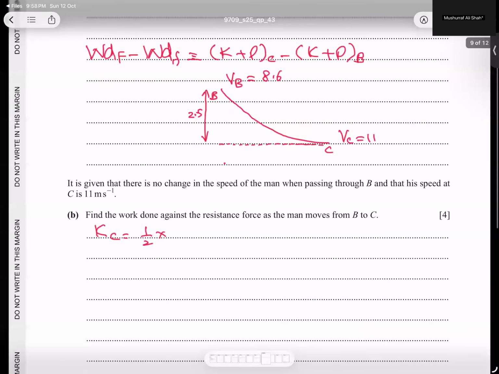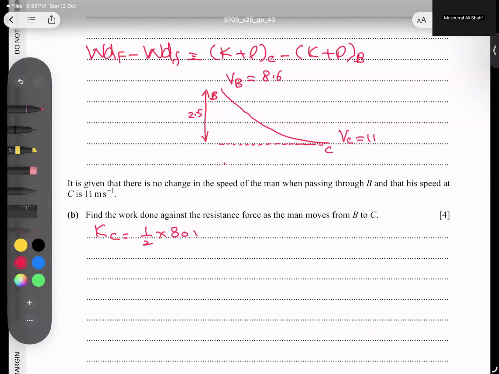And kinetic energy at B is half m times 8.6 square. Potential energy at C is naturally 0 because of 0 height. But at B we can find it. What is the potential energy at B? mgh. M is 80, g is 10, and height is 2.5.